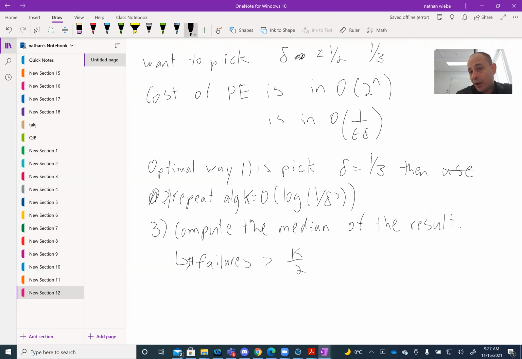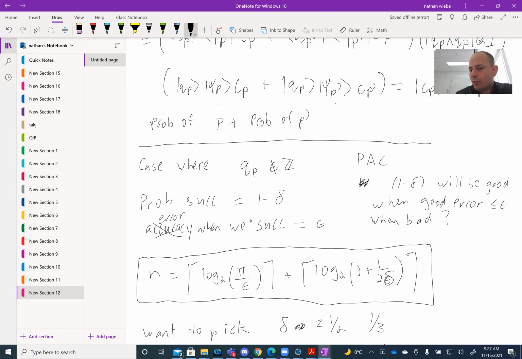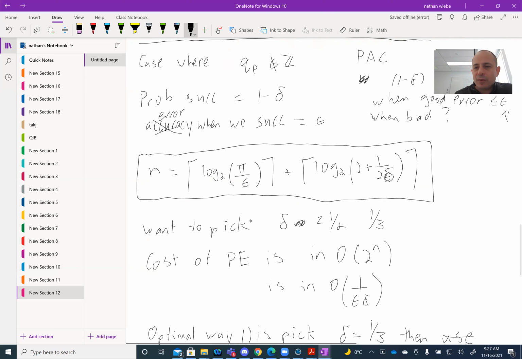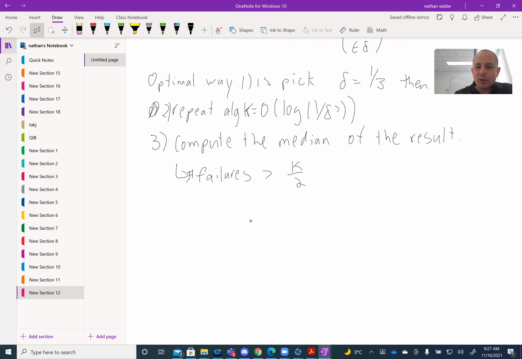In order for it to be able to affect the median, because if greater than 50% of the data comes from the good cases, then we know that worst case scenario we're epsilon far away, and that's within our error tolerance. But the bad cases might end up dominating. So if the number of failures is greater than K over 2, then that's the situation.